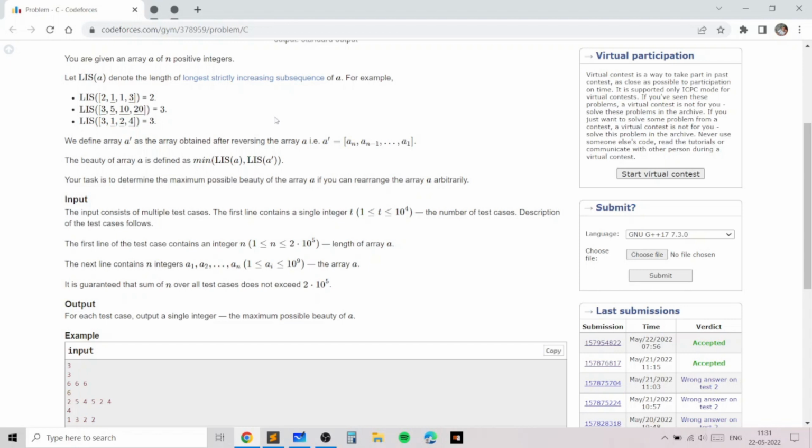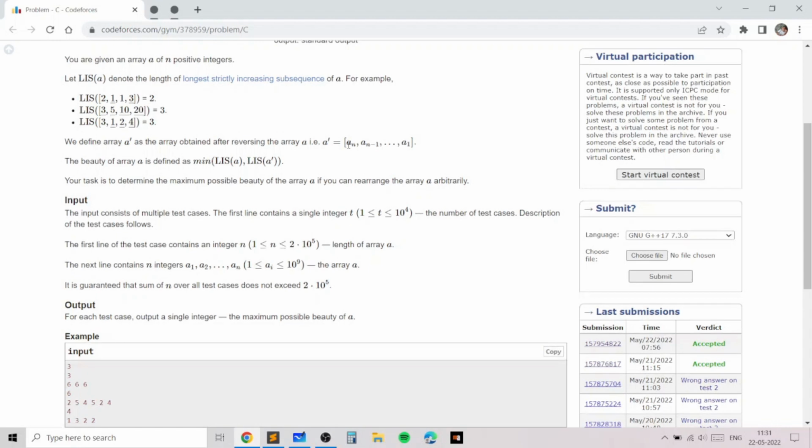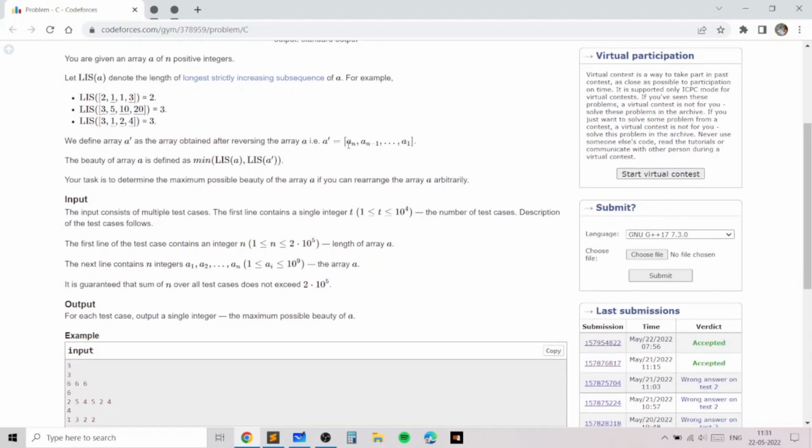Now that's the longest increasing subsequence. And we define an array A prime as the array obtained after reversing the array. So the reverse LIS is actually going to be the LIS in the reverse array.